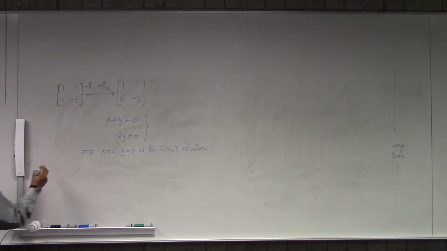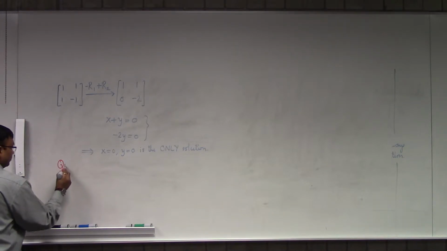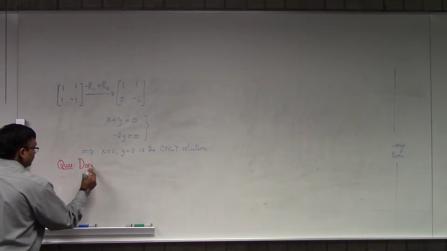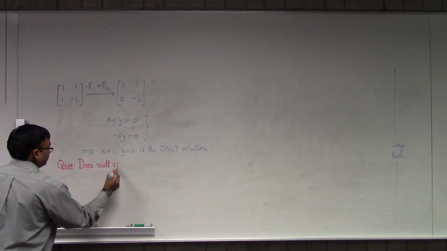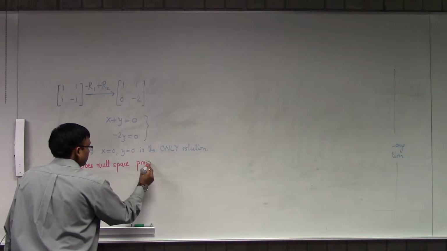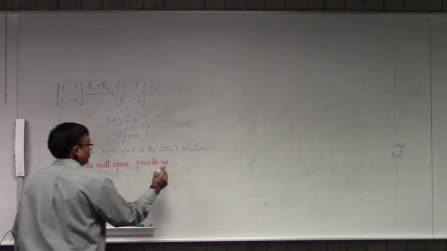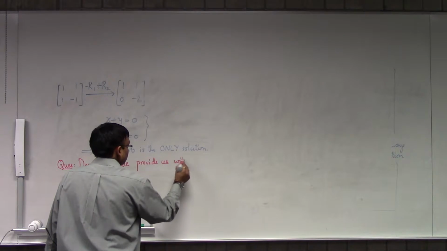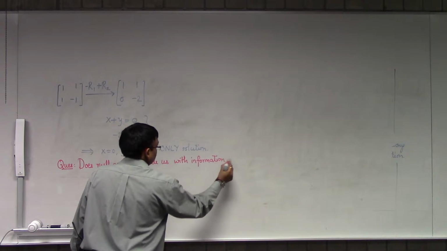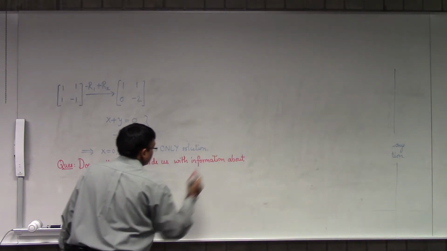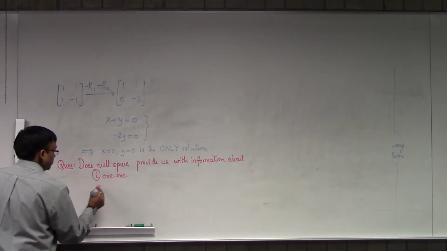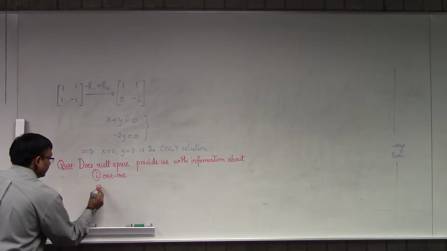So these are some questions we want to seek answers for. Does the null space say anything about one-to-one mapping?